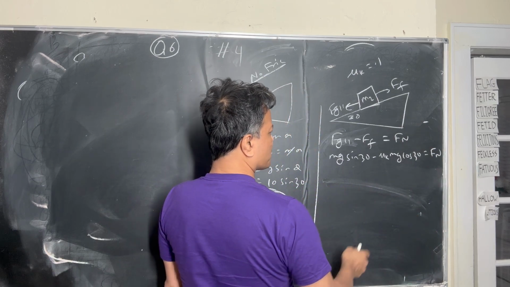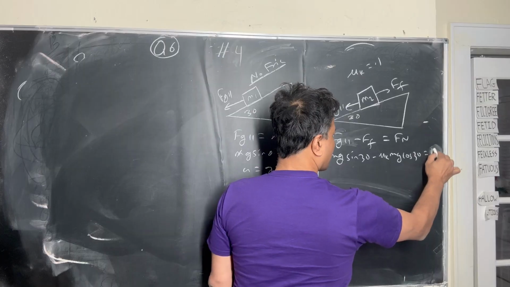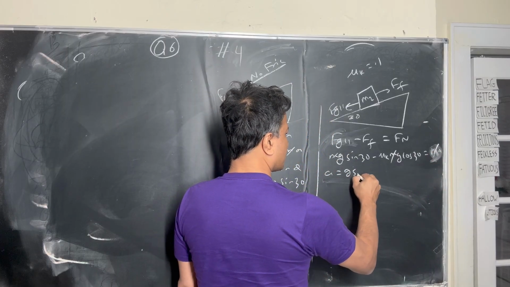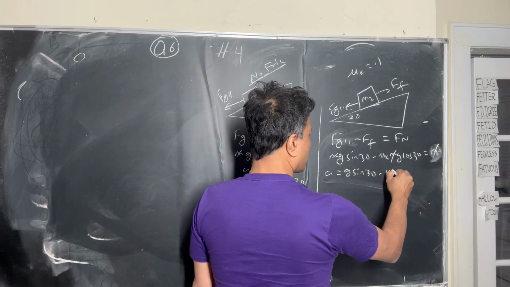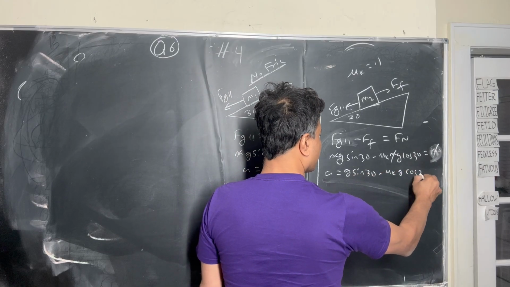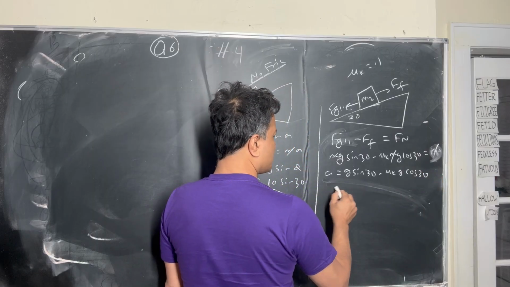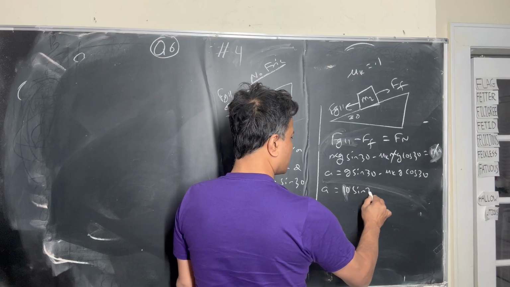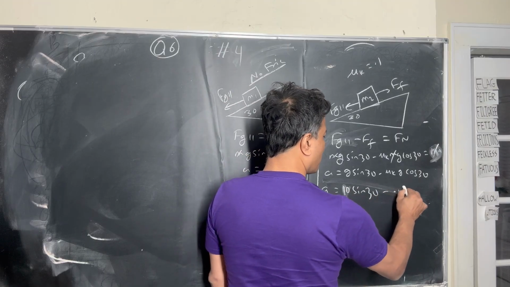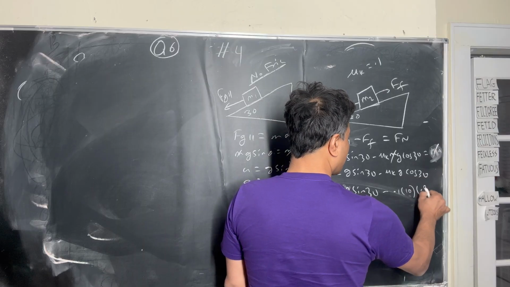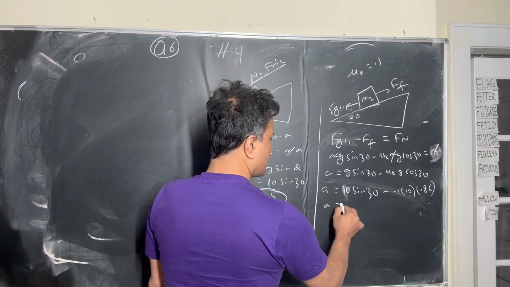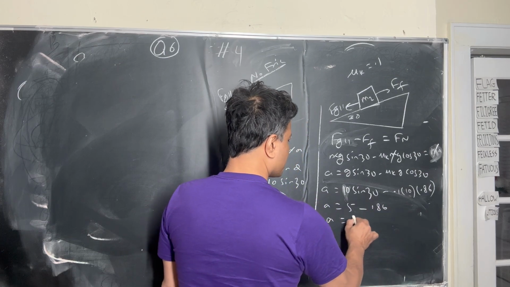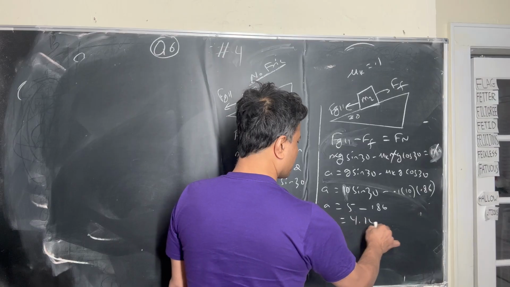Okay, so you notice that F net is ma. You notice that m cancels. So a is g sine 30 minus mu k g cosine 30. So g is 10, sine 30, minus mu k is 0.1, 10, cosine 30 is 0.86. So a is 5 minus 0.86. So a is 4.14.